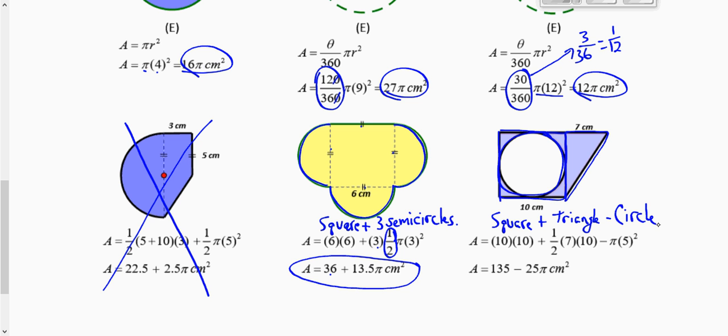Okay, a little bit like a reading problem we did a while back. Okay, so we get 100 plus, what's that, 35 minus 25 pi, so 135 minus 25 pi square centimeters.